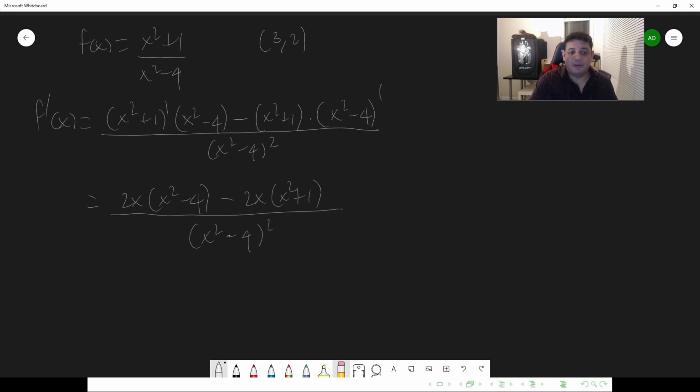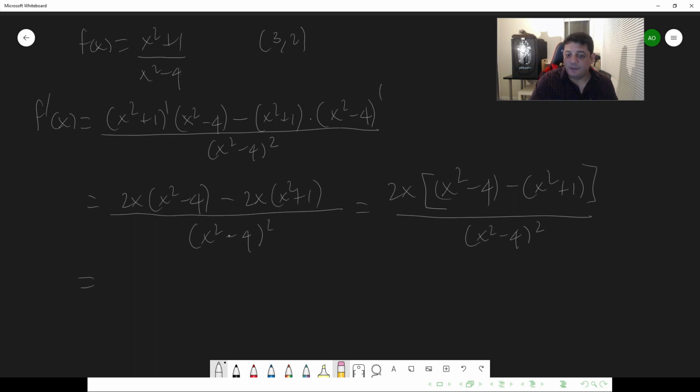So this actually allows me to simplify really quick. This is going to be 2x factor (x squared minus 4 minus x squared plus 1). So I can actually simplify a little bit easier in this case.